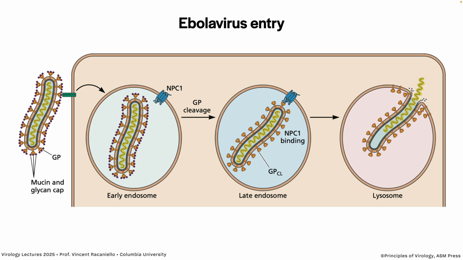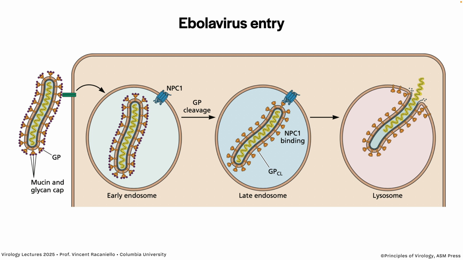We're not sure of the mechanism of fusion, whether it involves hairpinning and so forth. It hasn't been studied that well. But what's unique here is that there's an endosomal fusion receptor. And that particular protein, by the way, NPC1 stands for Niemann-Pick cholesterol transporter.